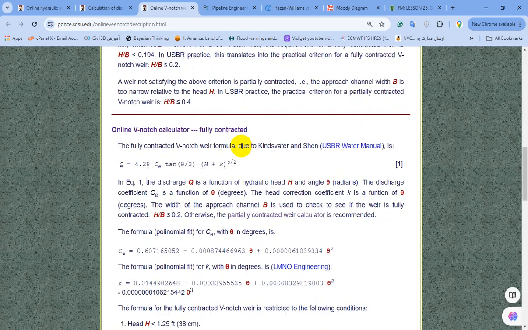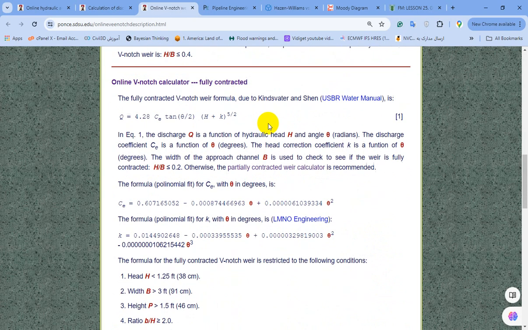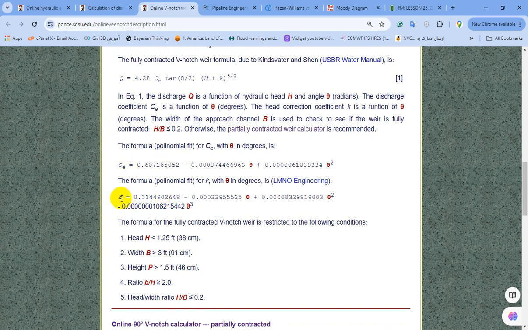For V-Notch, for the fully contracted case, these tools use the Kindsvater and Shen formula presented as this, and it depends on CE, theta, H, and K. For CE and K, you can use these formulas, which are functions of theta.